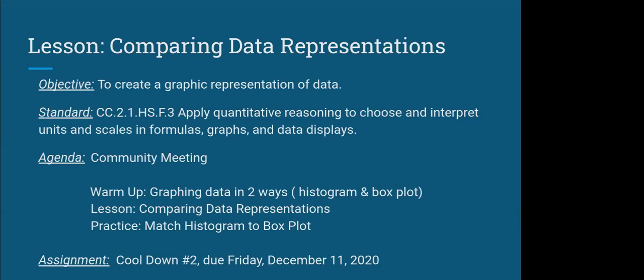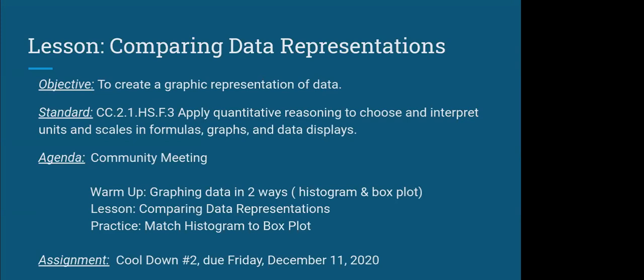So our agenda: we're going to have a community meeting. Then a warm-up where you are going to graph the same data in two ways. You are going to create a histogram of the data and a box plot. So I hope you have your notes. Then our lesson, where we talk about comparing data representations. We are going to do a practice where we match histograms to box plots.